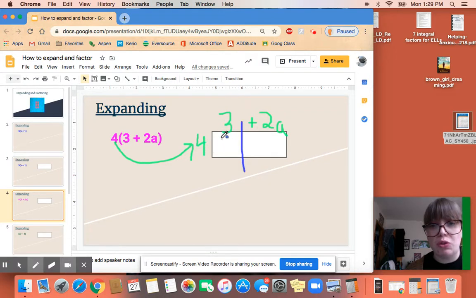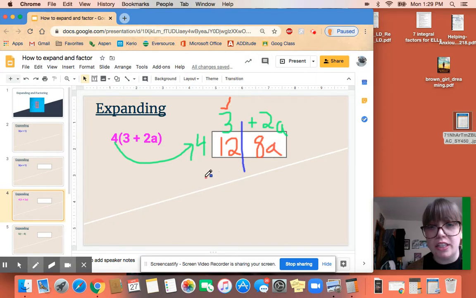3 times 4 is 12. 4 times, so check, I did my multiplication with 3. Now I have to do 4 times 2a. I'm just going to multiply the numbers together and keep the a. So now I have 4 times 2, so now I have 8 a's, and it's positive.